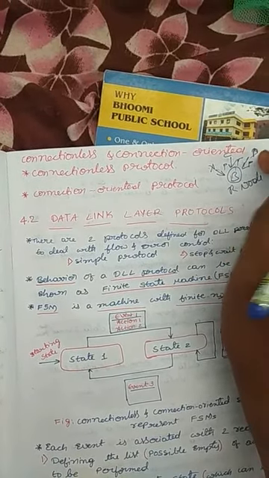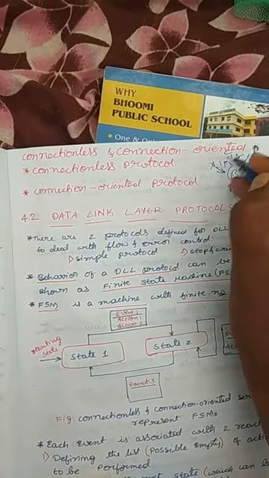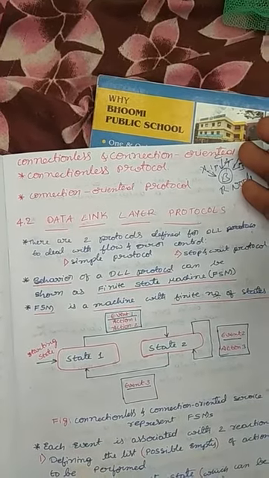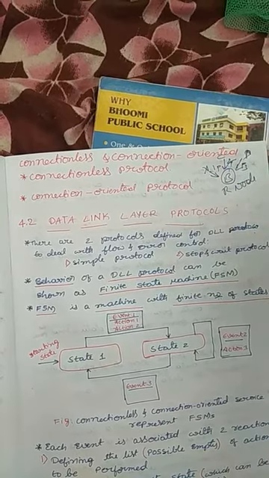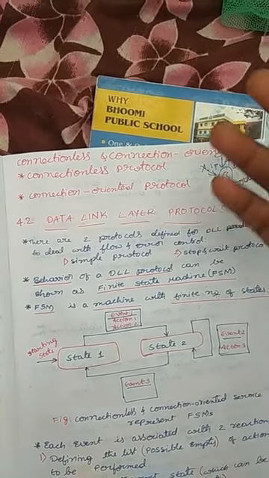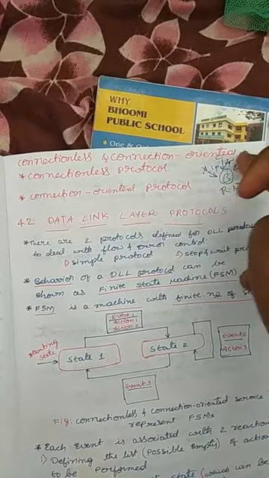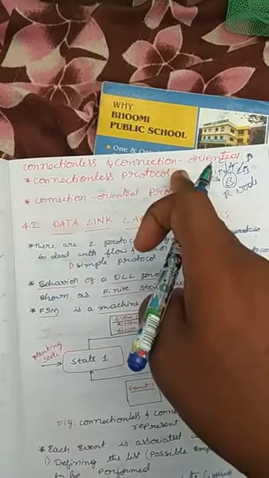There is no numbering for the frames. The next frame is from which side, which sender, we don't know. So this maintaining of the flow of frames is handled by the connectionless protocol.